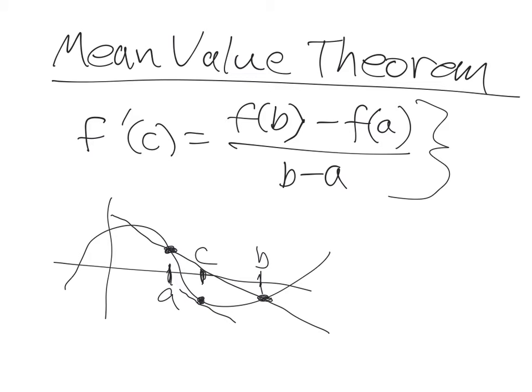There's a point, an x value, in between A and B where the slope of the tangent line at C is equal to the slope of that secant line, as we call it, the line between those 2 points.